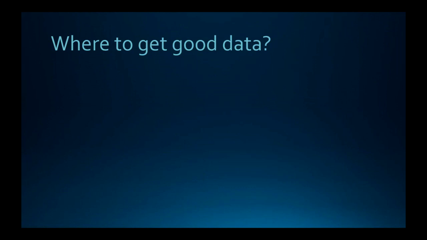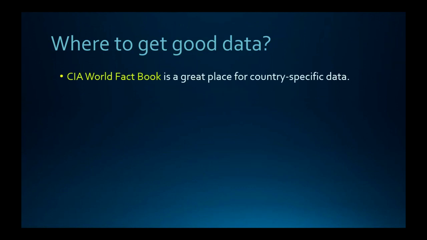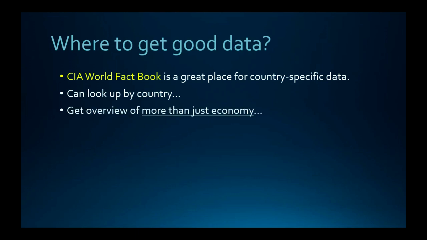So where can we go to get good data? Well, one thing that I really like, if you've never used it before, is the CIA World Fact Book. This is a great place to go for country-specific data. Whatever country you're looking for, they're going to have a really large profile, and you can look up information country by country. This isn't just for economists.